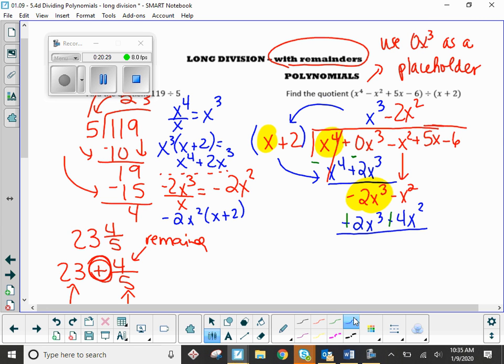So who's good there? If you made any corrections, you might have to correct. The x cubes cancel. What's negative x squared plus 4x squared? Positive 3x squared. And what comes down next? 5x.